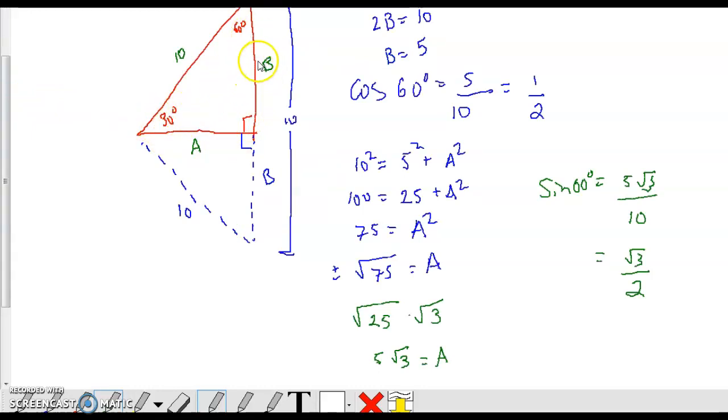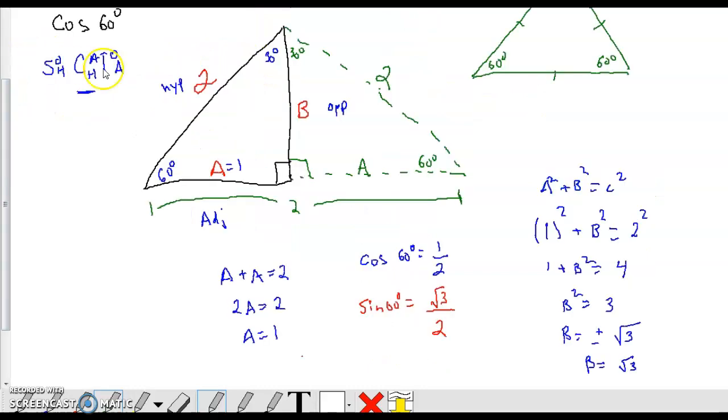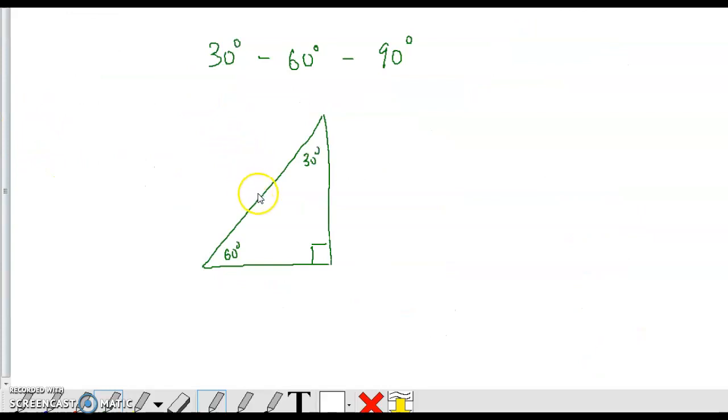from 30 degrees, and it was always half of your hypotenuse, right? So half of 10 was 5. Notice on our very first example, half of 2 was 1. So whatever value I have, let's say this value is 2x, off of the 30 degrees will just be x, okay?